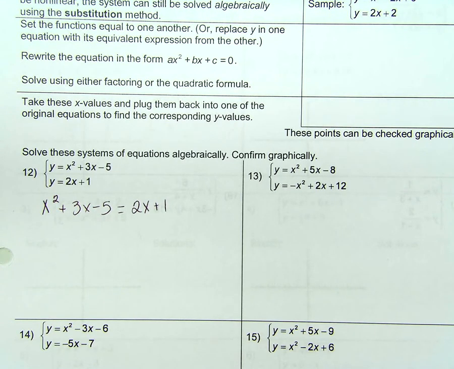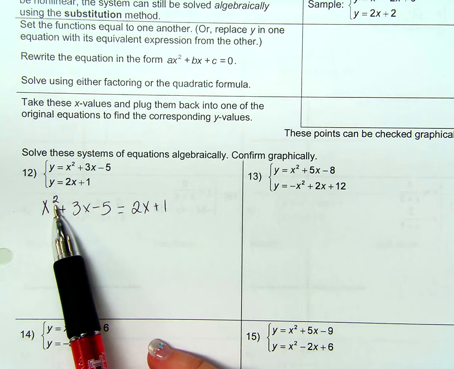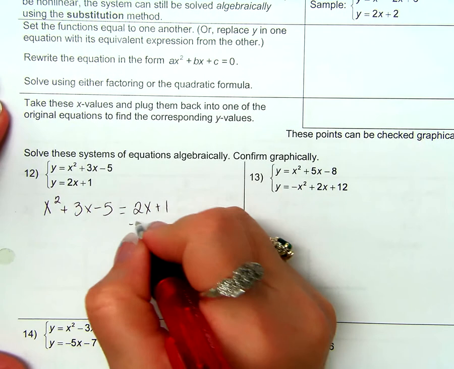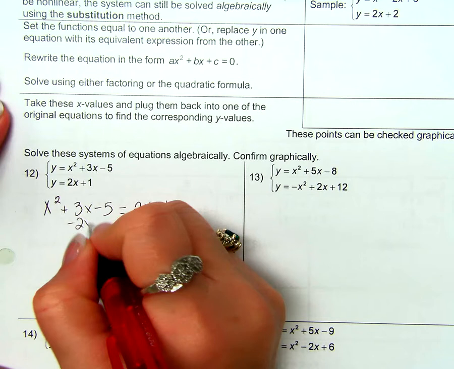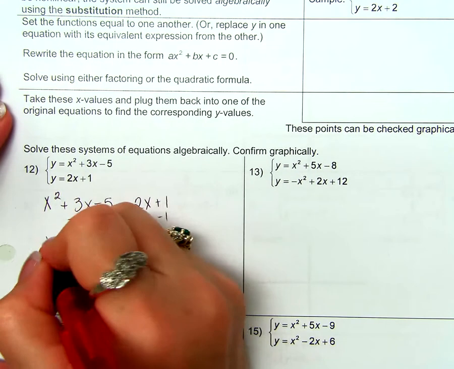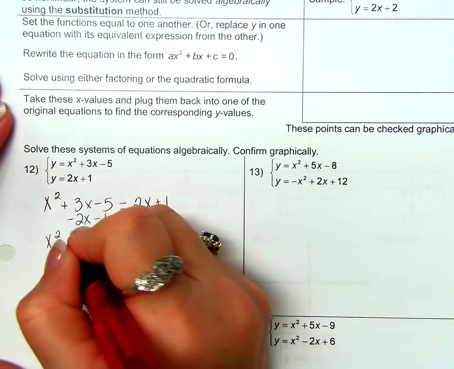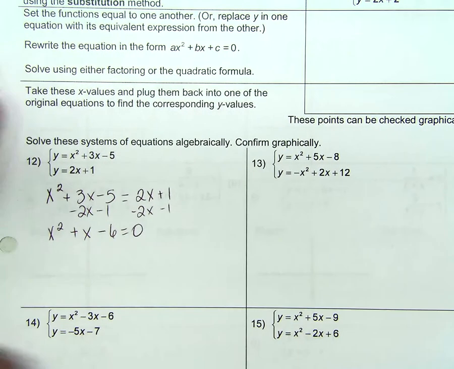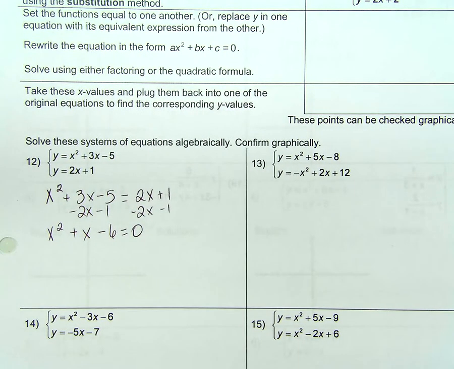One side would have to equal 0 because we think it's a quadratic, right? Okay, so how about if we subtract 2x from both sides and subtract 1 from both sides? I get x squared plus x minus 6 equals 0.